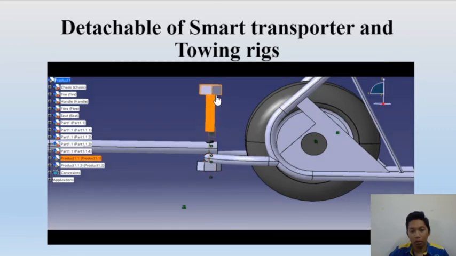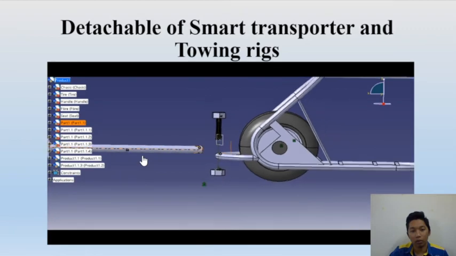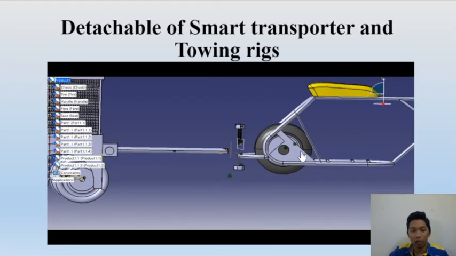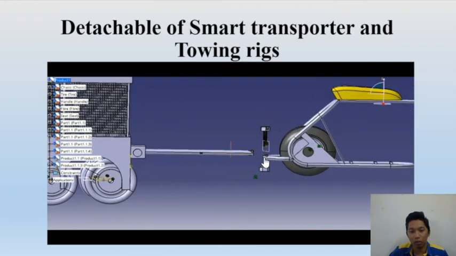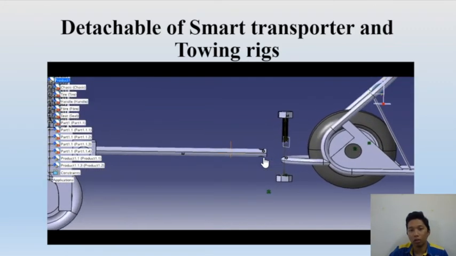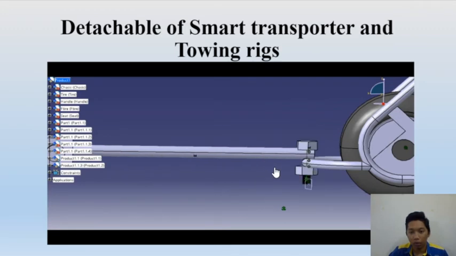Okay, the bolts are pulled out, the nuts are pulled out, and we can detach the towing rig from the smart transporter. This is the visualization of the detachable of the smart transporter and the towing rig, and this is how to attach them back.